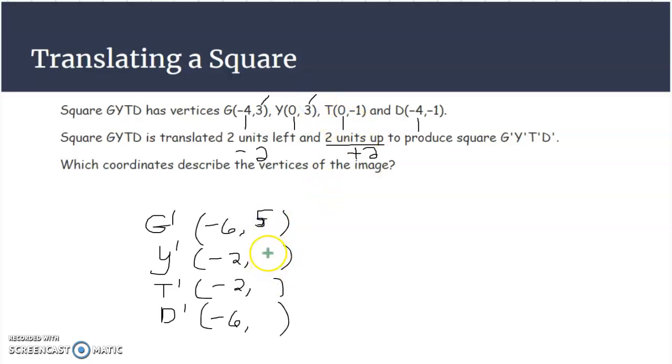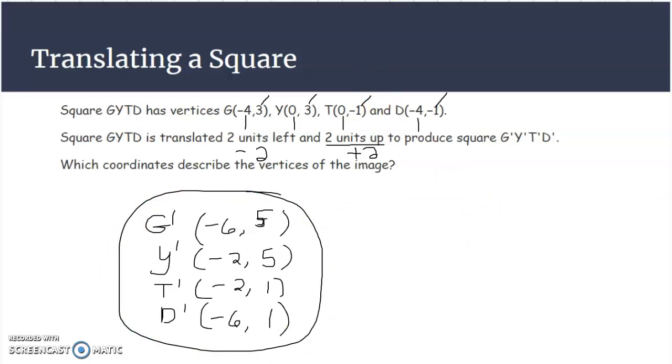This 3 again makes a 5. 3 plus 2 makes a 5. -1 plus 2 makes a 1. And the -1 here plus 2 makes a 1. So if we were to plot this translation of GYTD to G prime, Y prime, T prime, D prime, it would have these 4 new coordinates right here.